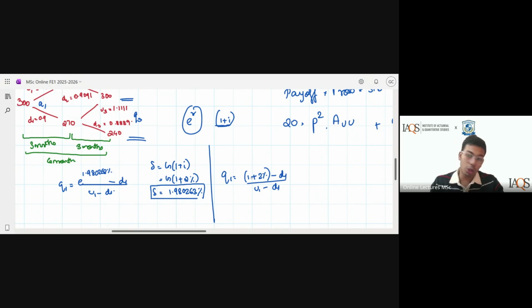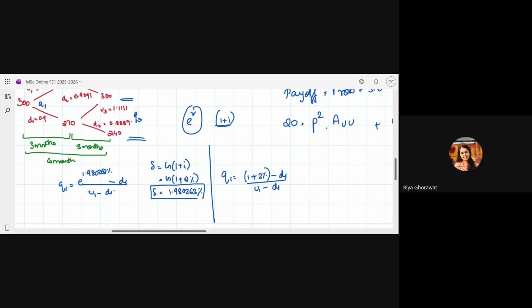And I know 2% is per quarter, so I can write this as 1 plus 2%. Understood what I did over here? Yes. Now give it a try.